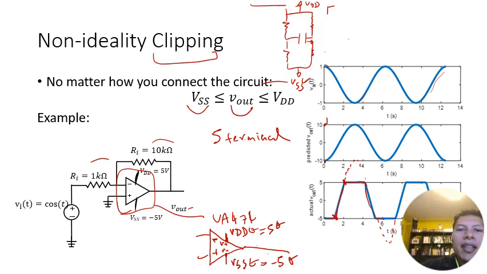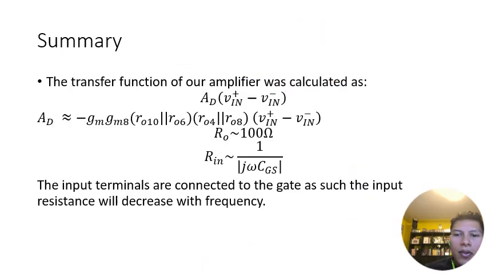So we have clipping, we have the amplification of common mode, we have a finite input resistance, and we also have effects due to the finite gain of the amplifier. Those are a lot of the things.